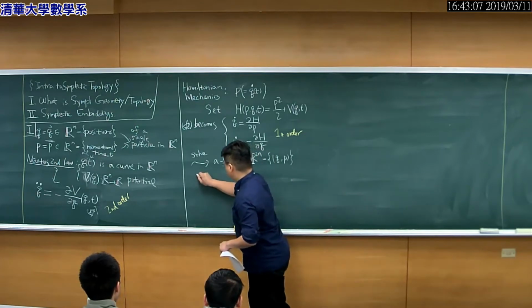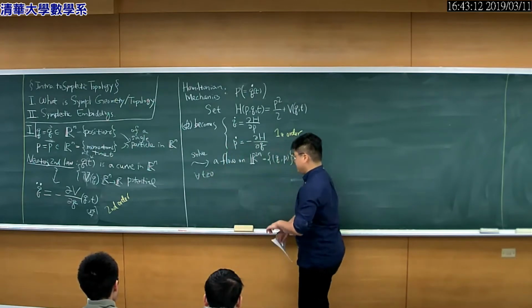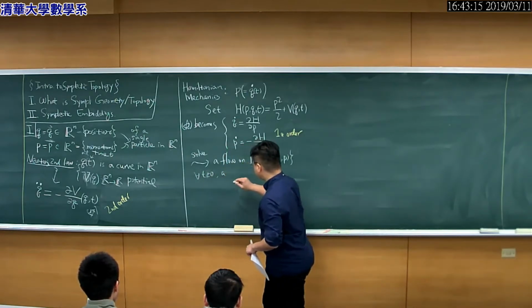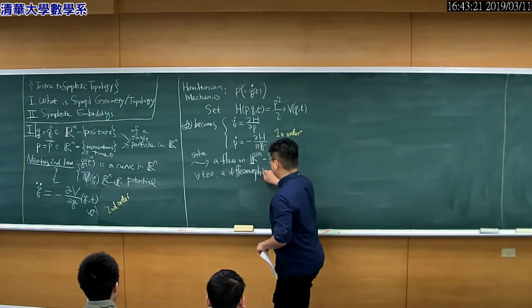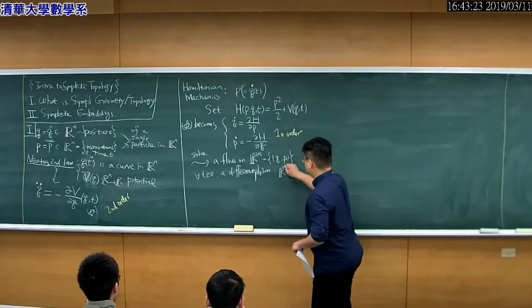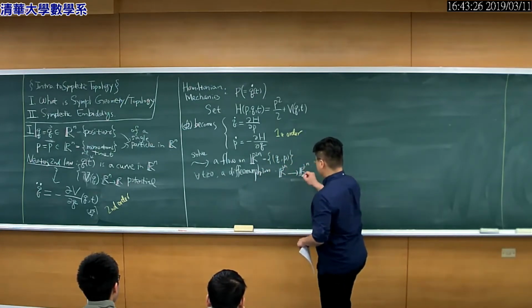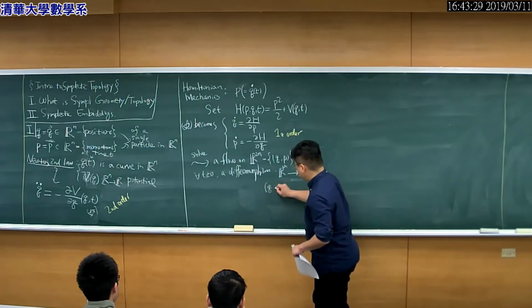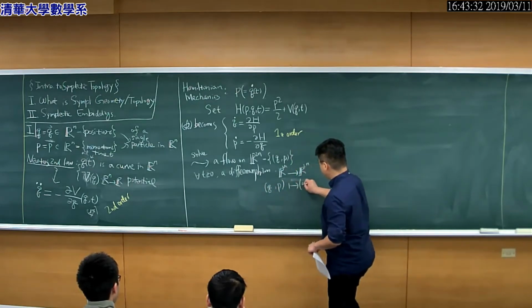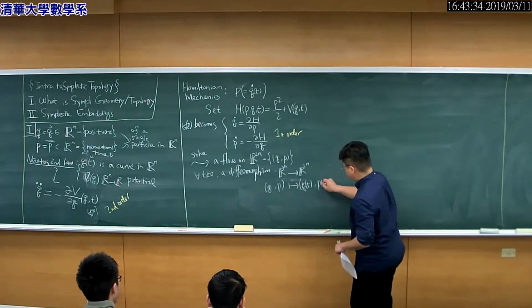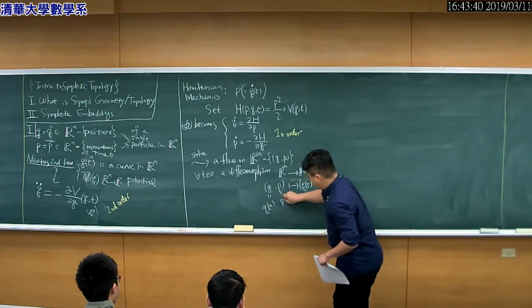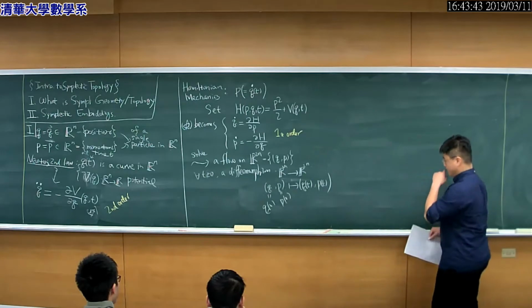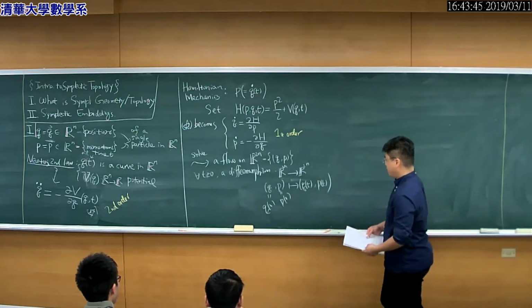Given time t, it's a diffeomorphism sending (q, p) to (q(t), p(t)). Here we typically think of this as q0, p0, the initial position and momentum, or the initial configuration.